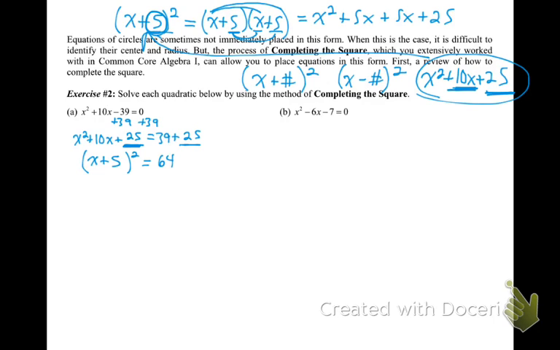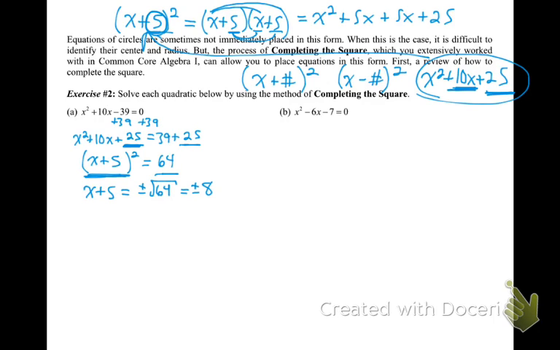To finish solving this equation, since I have a perfect square on both sides, this is a perfect square, 64 is a perfect square. This is a perfect square because it's raised to the second power. I'm going to take the square root of both sides, and when doing so you have to remember that you have a plus or minus. The square root of 64 is plus or minus 8.